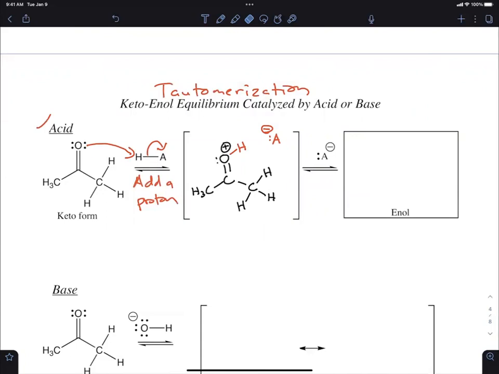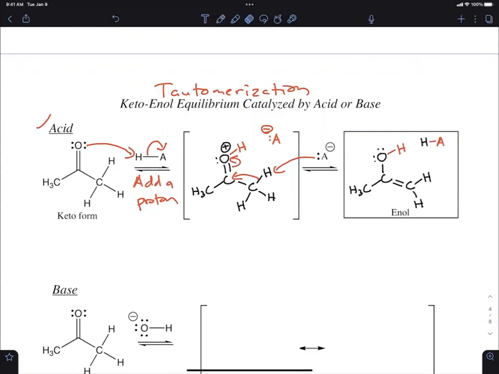Well, what's going to happen next is that we're not going to take this hydrogen back off. If we did that, we would just go back in that direction, and it wouldn't be a productive thing to do. So we're going to take the only other kinds of hydrogens that are around, namely the hydrogen that is on a carbon atom.